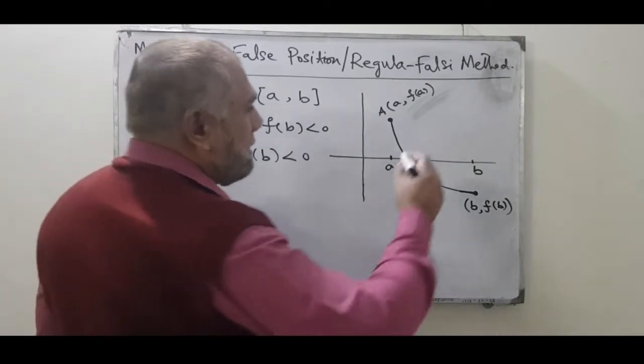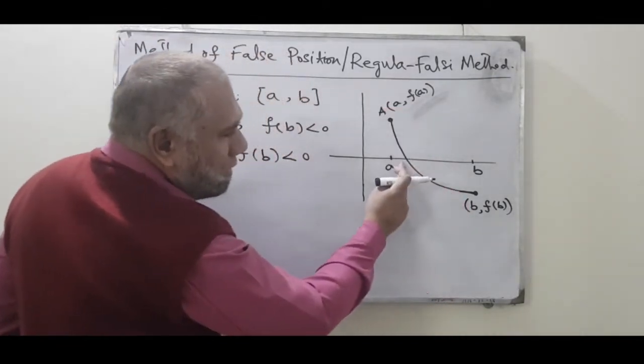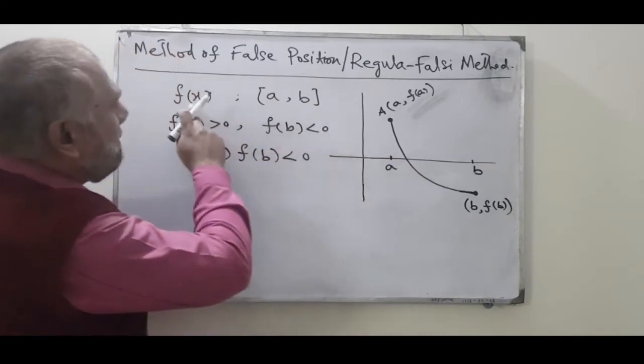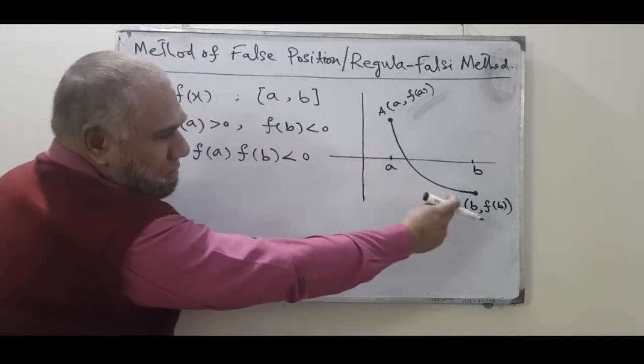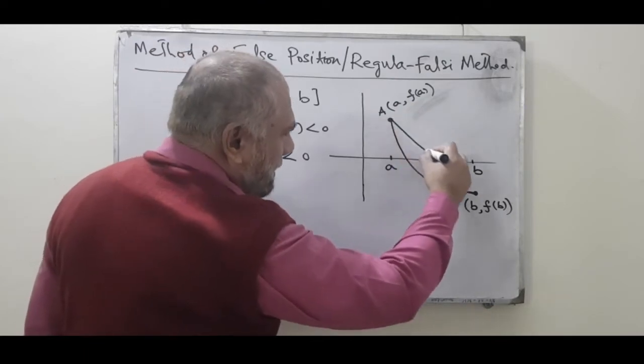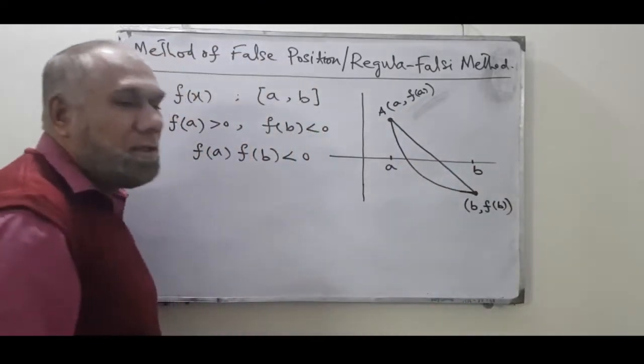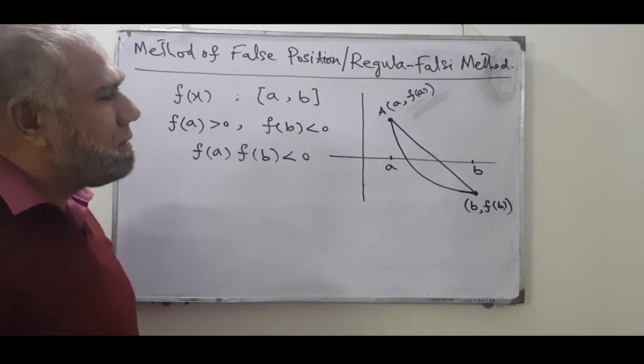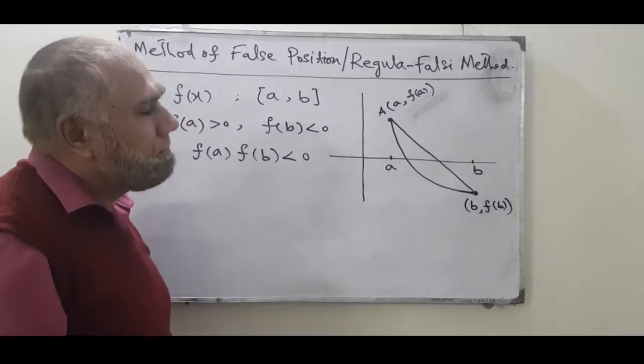Now we approximate the root of this function f of x, which is shown here through a graph, by using a straight line. Suppose this is the straight line, and this is your first approximation for the root of the function.